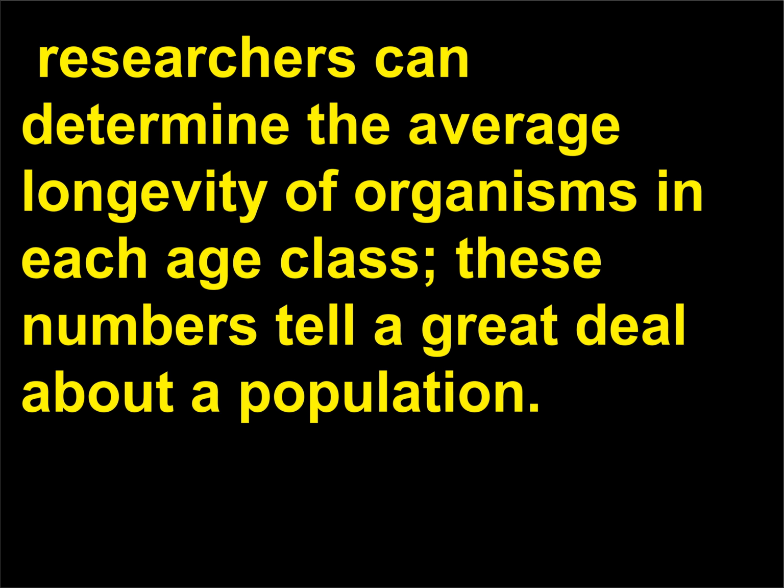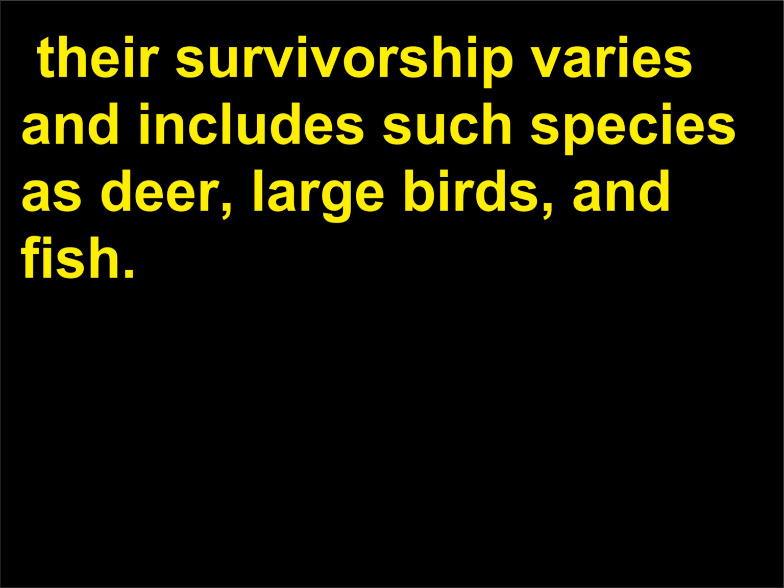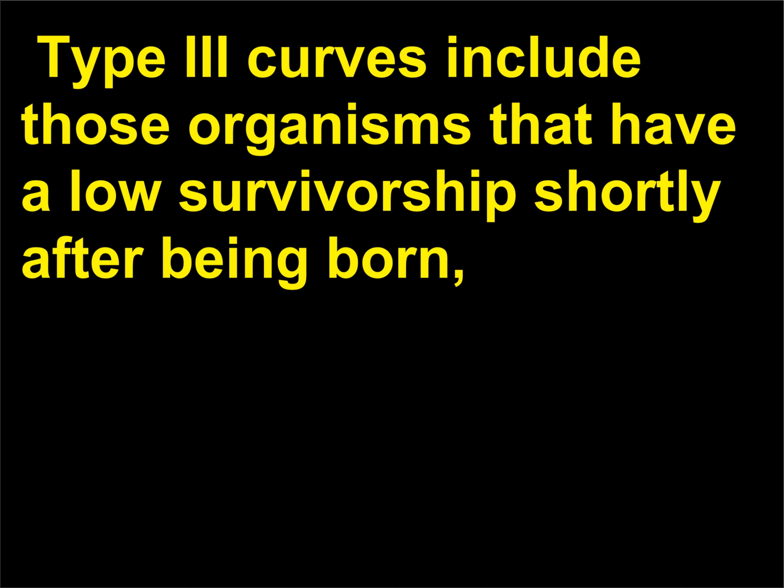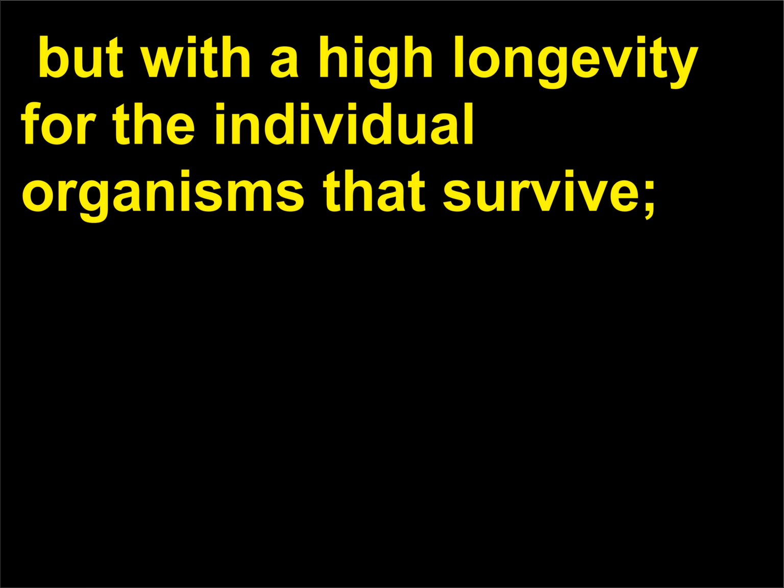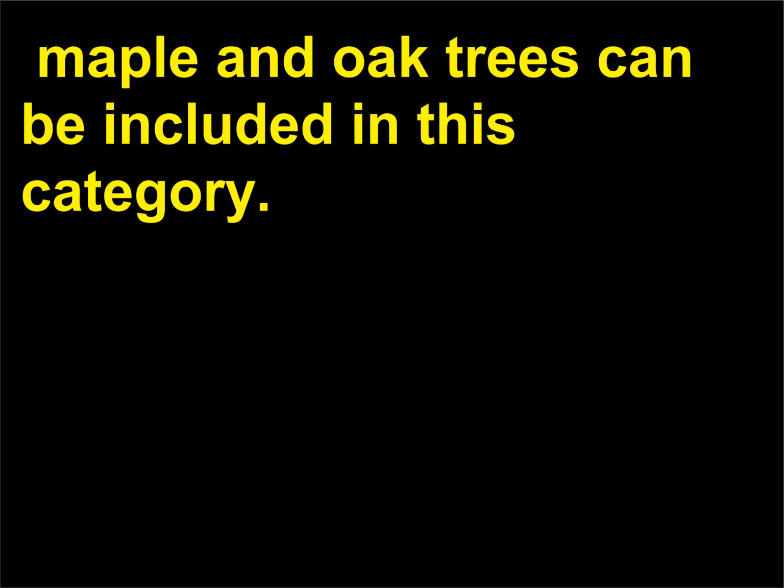Their survivorship varies and includes such species as deer, large birds, and fish. Type III curves include those organisms that have a low survivorship shortly after being born, but with a high longevity for the individual organisms that survive. Maple and oak trees can be included in this category.